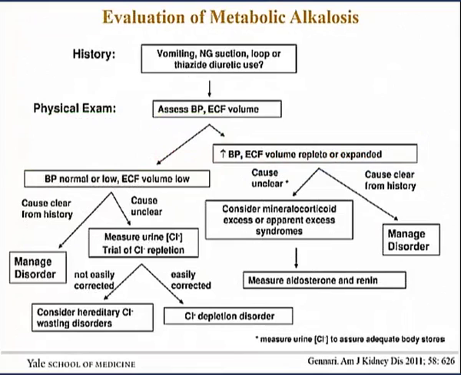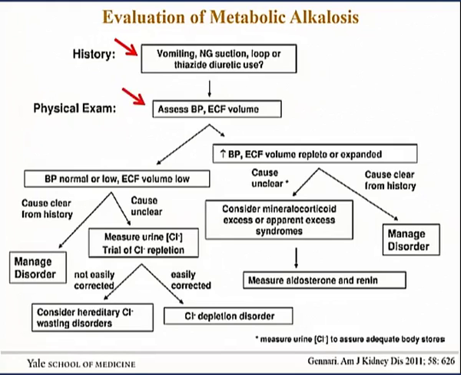So when we were evaluating them, this is a busy slide, but it gives you a good idea of how to proceed. So in the history, you can obtain good evidence of what's going on in terms of sources of loss of bicarbonate, or retention of bicarbonate or loss of acid.